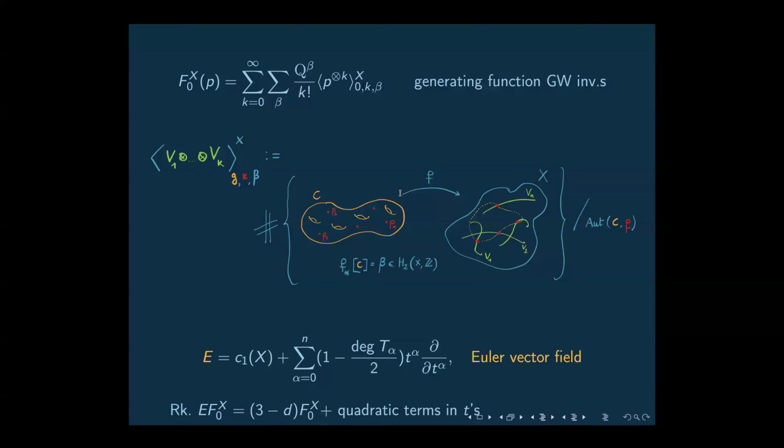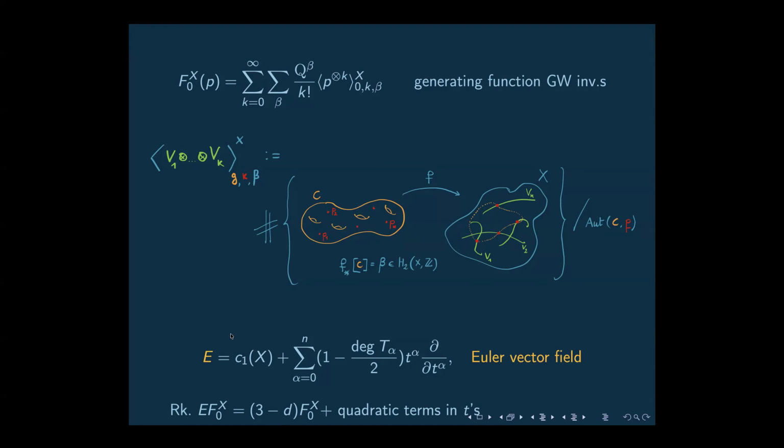Well, on a Frobenius manifold, you always have a distinguished vector field, the so-called Euler vector field. The Euler vector field is a holomorphic vector field on the Frobenius manifold, which encodes information about the homogeneity of the generating function we are considering.